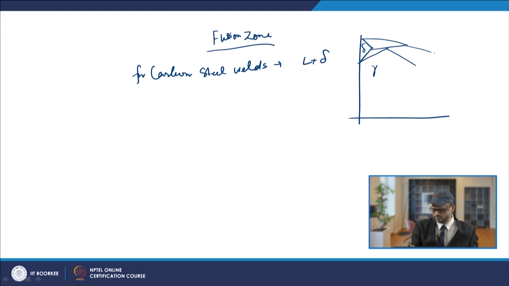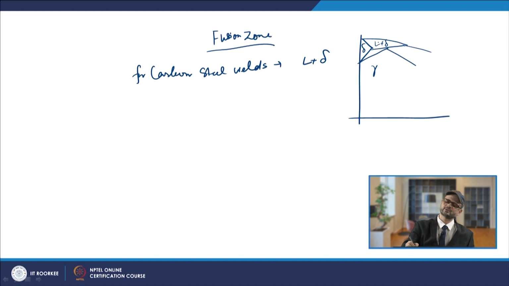In the weld metal zone, since the metal is molten, practically the temperature is more than the melting temperature of the material. So, it will be higher than that, but then there is this zone where there is liquid plus delta. That refers to the temperature range corresponding to liquid plus delta.